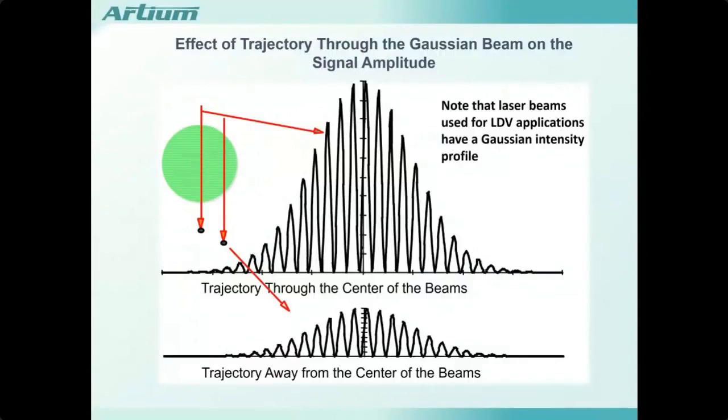When particles pass through the interference fringe pattern, they'll produce Doppler burst signals, idealized in these diagrams. And because of the Gaussian intensity distribution, you'll have a whole range of signal amplitudes. You'll also have a wide range of signal amplitudes due to a range of particle sizes. Fortunately, with the LDV approach, signal amplitude doesn't matter.